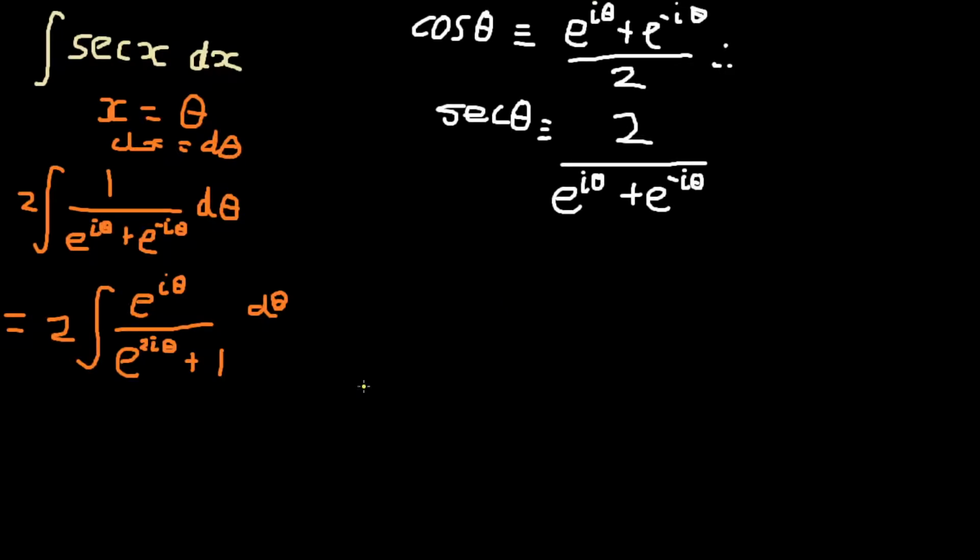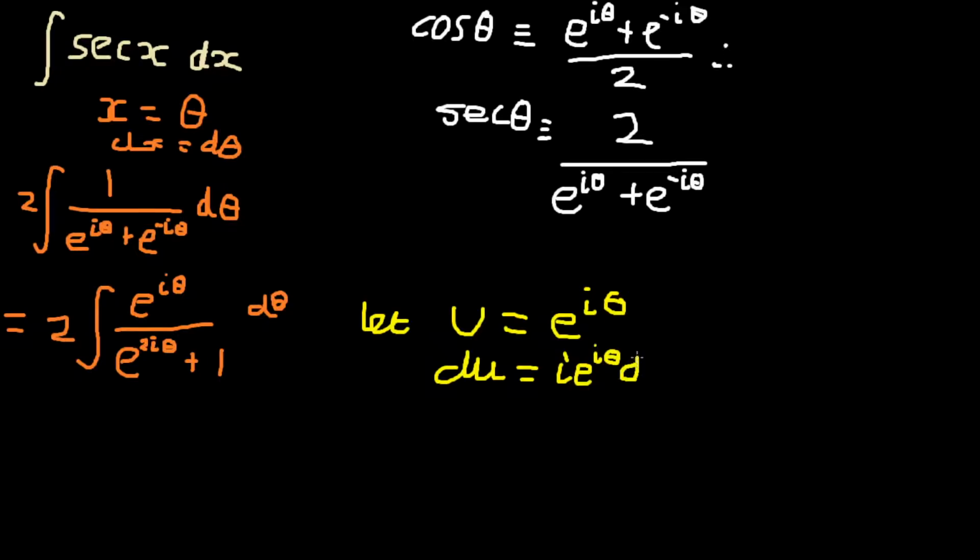Let's do a substitution. Let u equal e to the I theta. So du is just I e to the I theta d theta, which is just I u d theta.